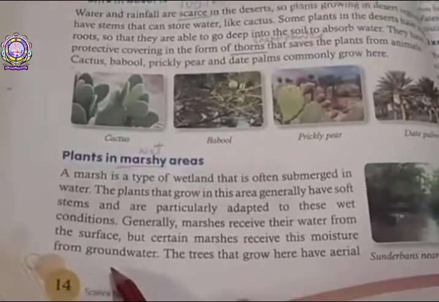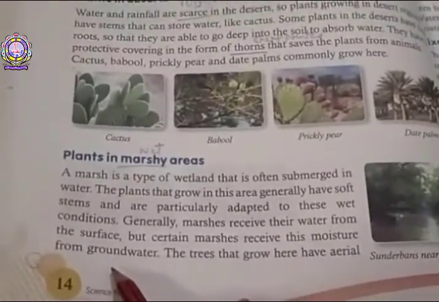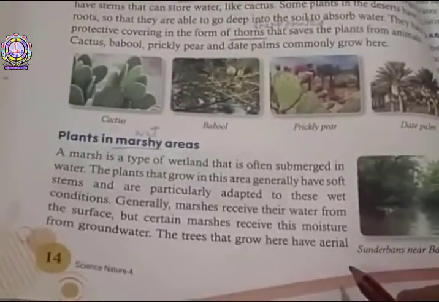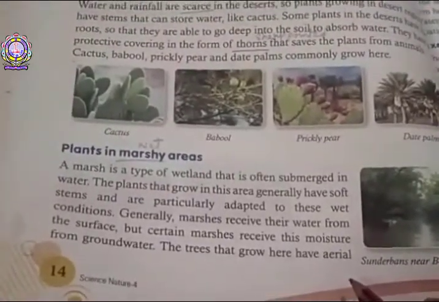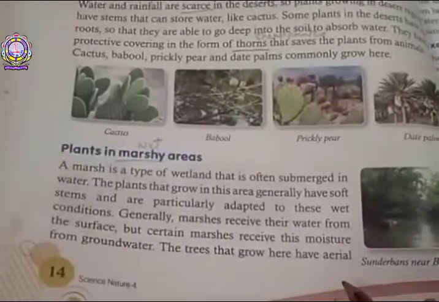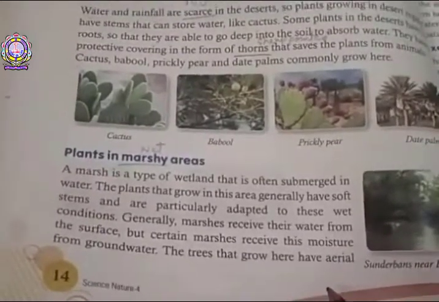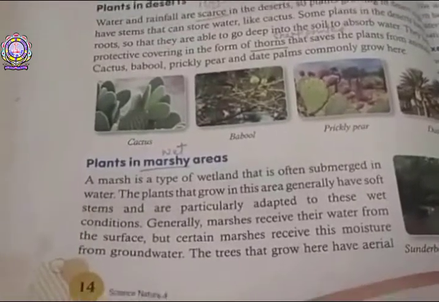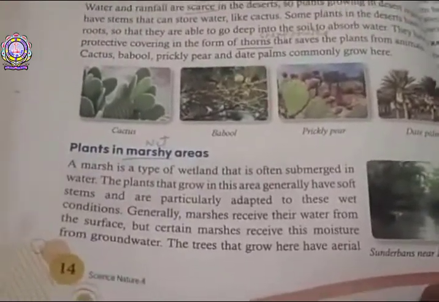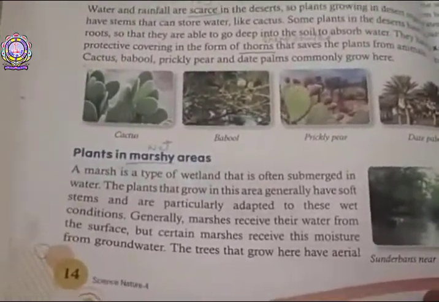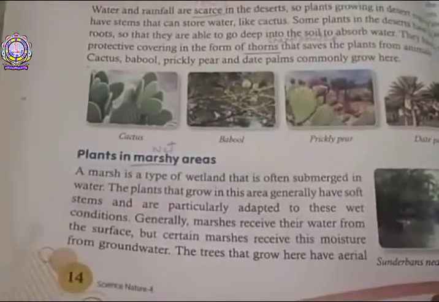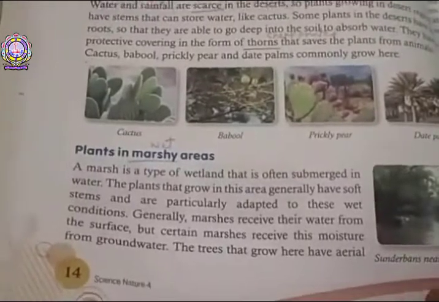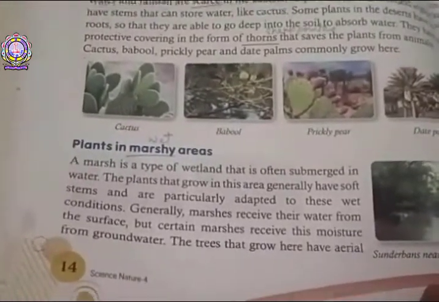The trees that grow here have aerial roots. Aerial means that the stem or the root of these trees can grow in the air, not under the earth. Mostly roots grow in the earth, but the trees which grow in the marshy areas have aerial roots.